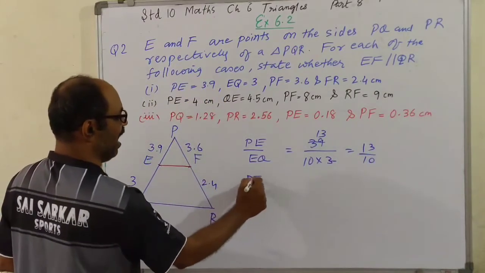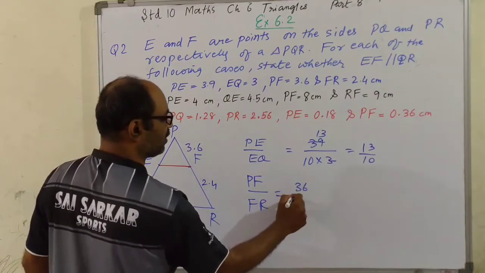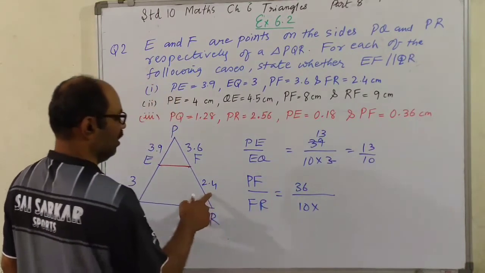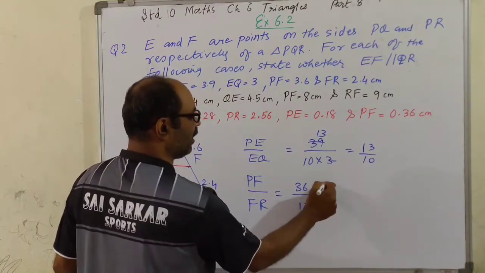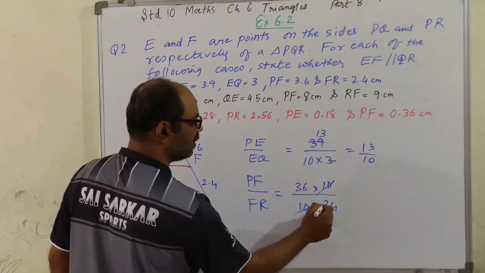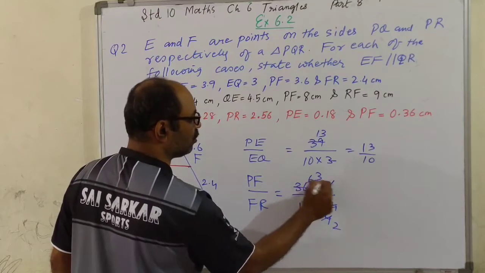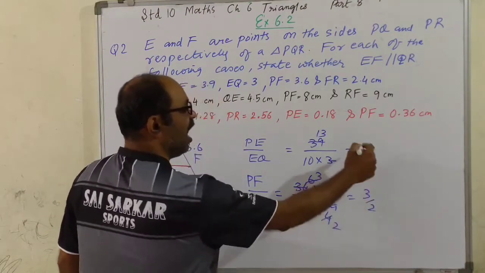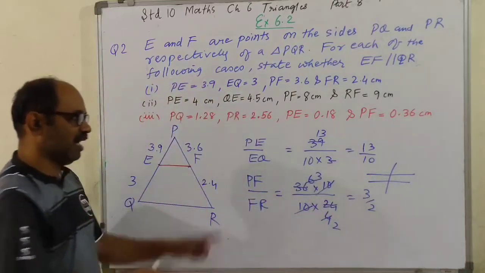Let's find out PF upon FR. PF is 3.6. Remove the decimal, upon 10. FR is 2.4, so up in the numerator you will have a 10. The 10s cancel. 6 ones are 6, 6 twos are 12, 6 threes are 18. This is 3 upon 2. Are these two ratios equal? No, these two ratios are not equal.